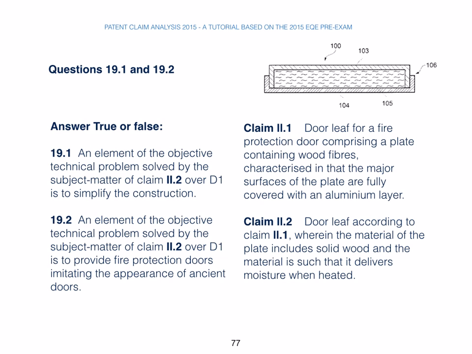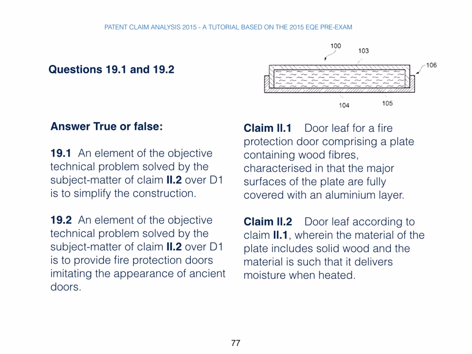An element of the objective technical problem solved by the subject matter of claim 2.2 over D1 is to simplify the construction. 19.2. An element of the objective technical problem solved by the subject matter of claim 2.2 over D1 is to provide fire protection doors imitating the appearance of ancient doors.